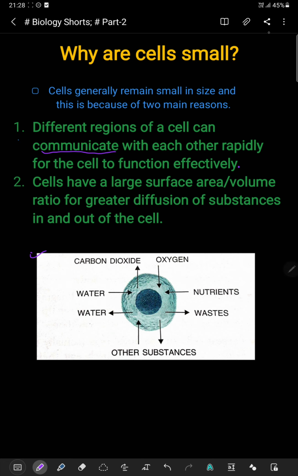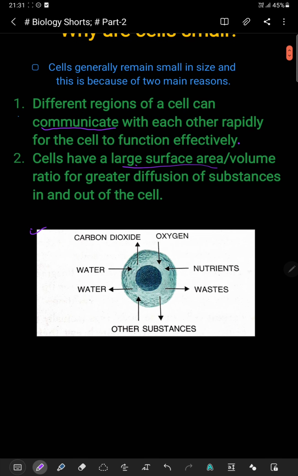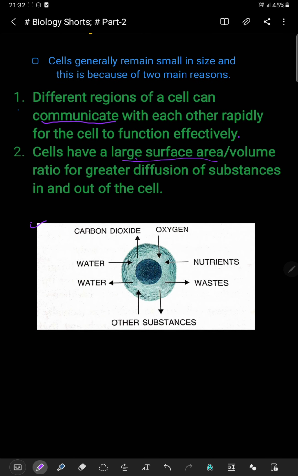For this you need to understand a few examples, so we can understand it by understanding some terms. Suppose cells have a large surface area. Surface area means the outermost part, the outermost area.